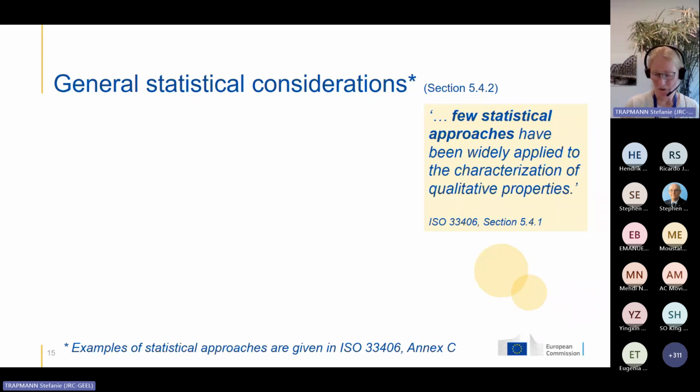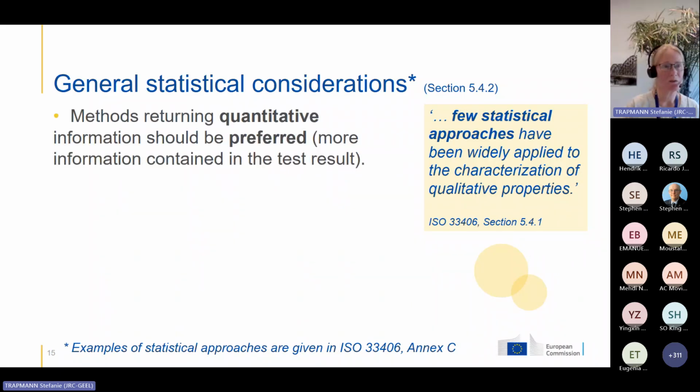So therefore, it focuses more on advice about what features the methods you employ need to bring along. And one recommendation, for instance, is methods returning quantitative information should be preferred, provided you have them, of course. But the simple fact is that a quantitative measurement result contains more information than the qualitative examination result.